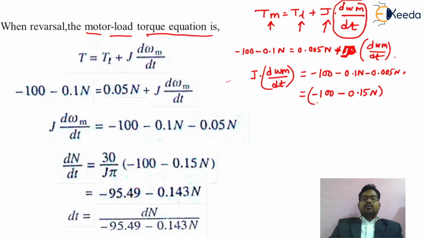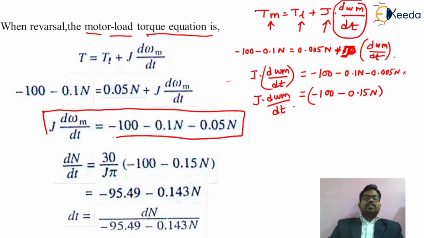Okay, so this is the term which is called J into d omega m by dt. This will be the equation for finding out the value of t.